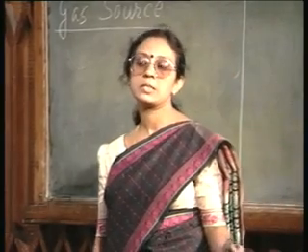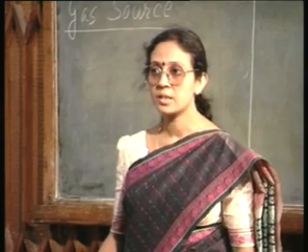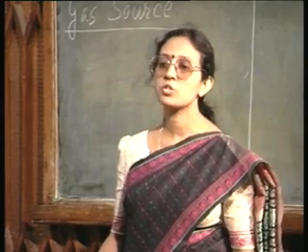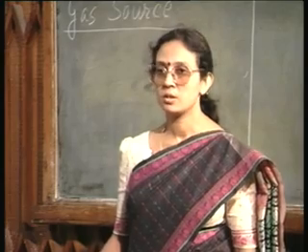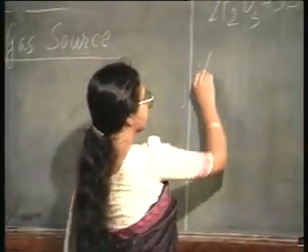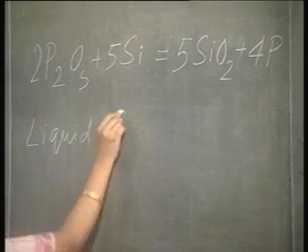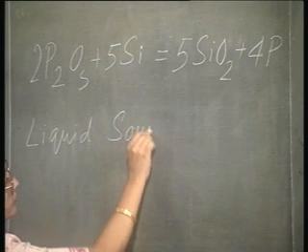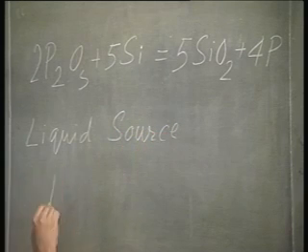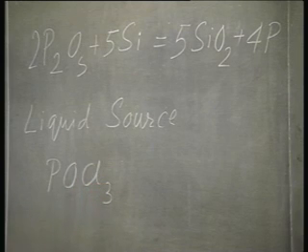So, one does not use P2O5. What one uses is a liquid source. For phosphorus, this liquid source is almost universally used. This is called phosphorus oxychloride, POCl3.